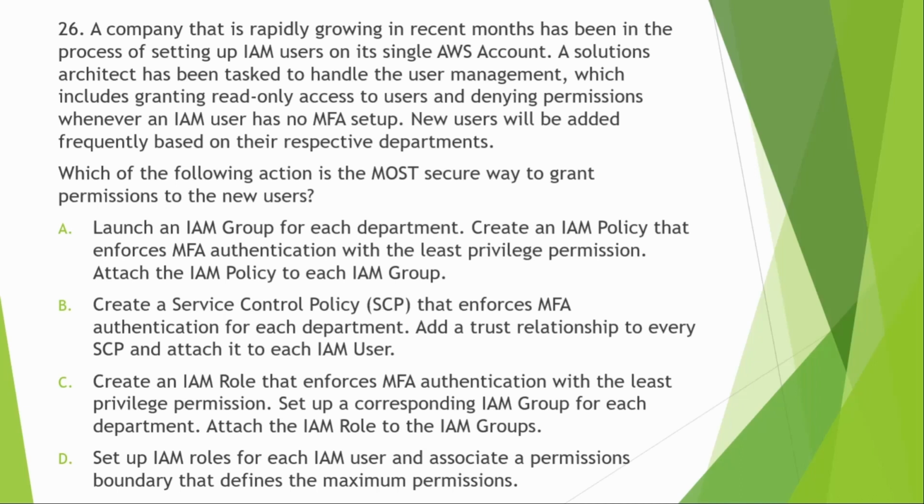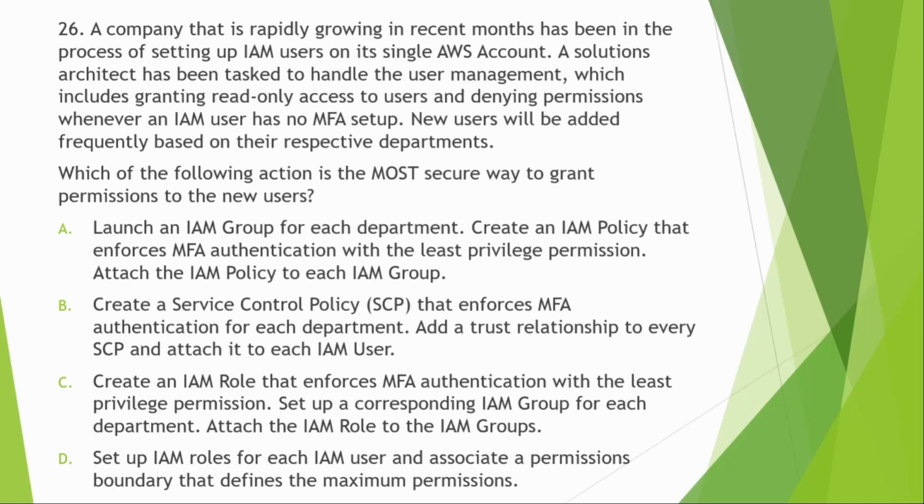Okay. So attach IAM role to the IAM groups. This point says that create IAM role that enforces MFA authentication with the least privilege. Set up a corresponding IAM group for each department. Attach IAM role to the groups. So now why is this incorrect?